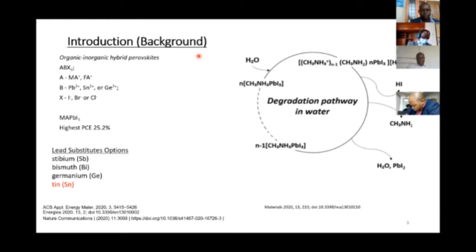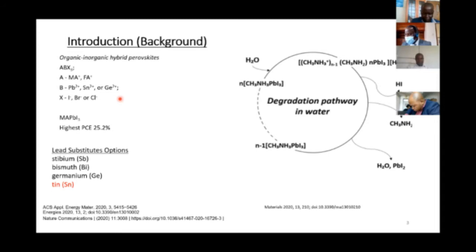They have the structure ABX3, where A is a monovalent ammonium cation, which can be MA or FA, and B is a divalent cation, which is lead, tin, or germanium. Then X is a halide anion, which can be iodine, bromine, or chlorine.